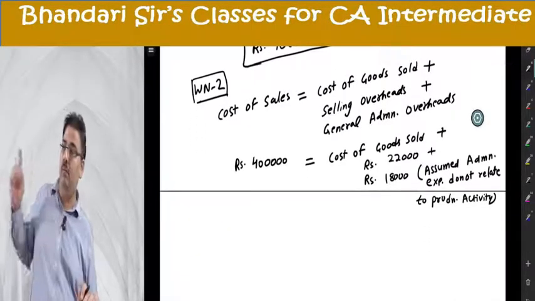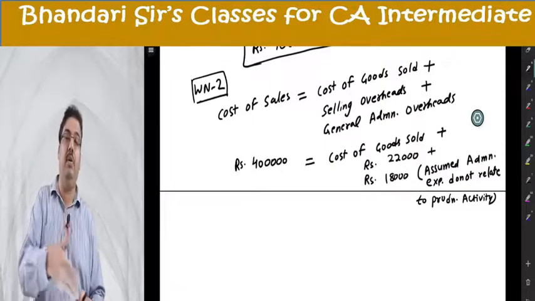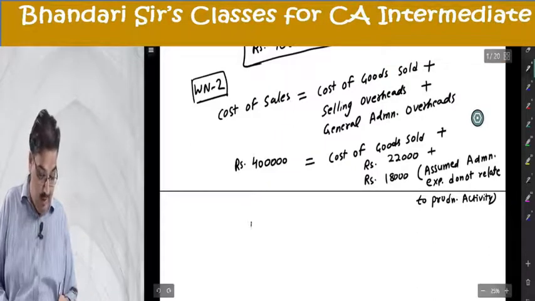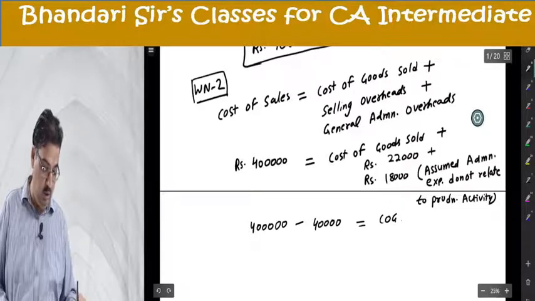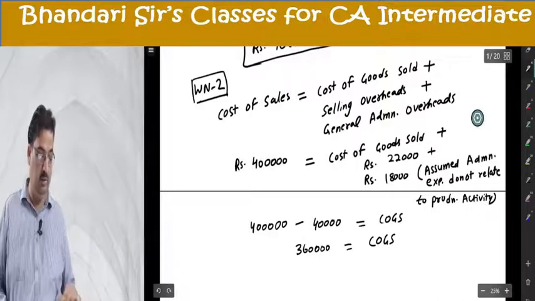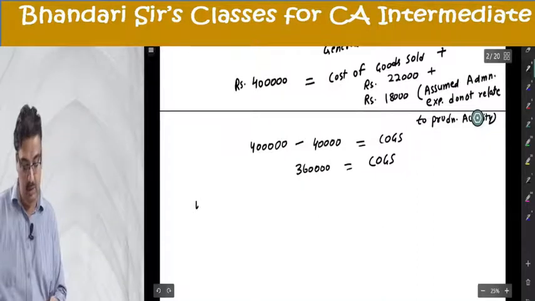Assumptions, you can put a separate list of assumptions, or with every item being treated, you can write in bracket the assumption. So what I get there? 4 lakh minus these 40,000 is equal to cost of goods sold. 3,60,000 is cost of goods sold.